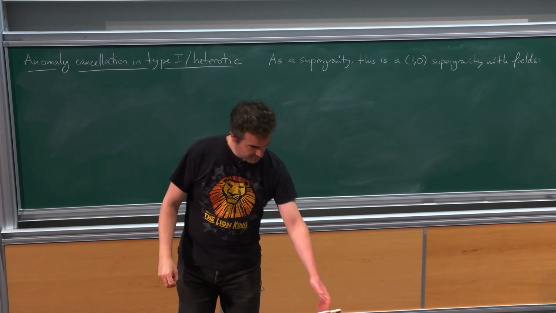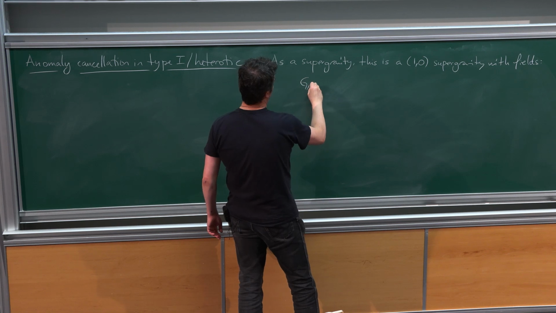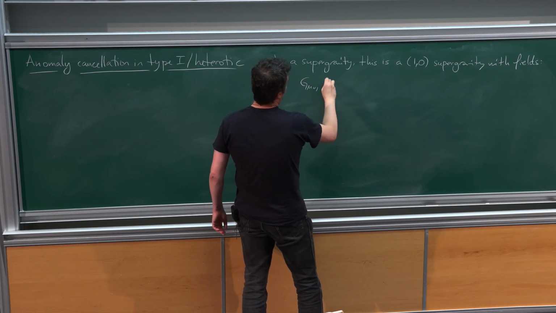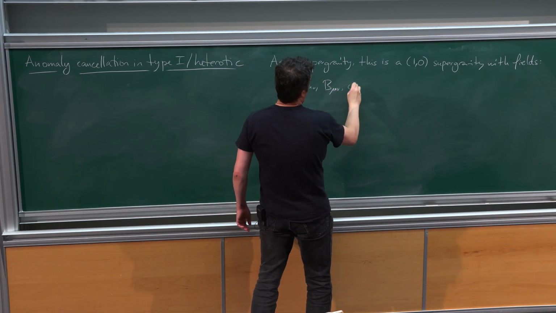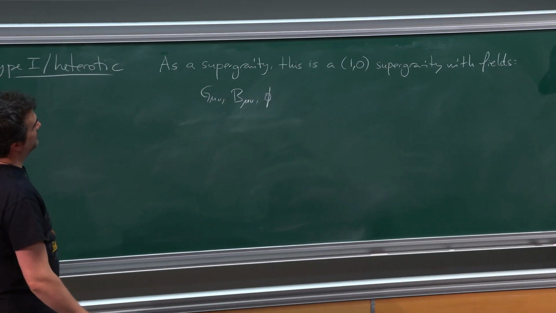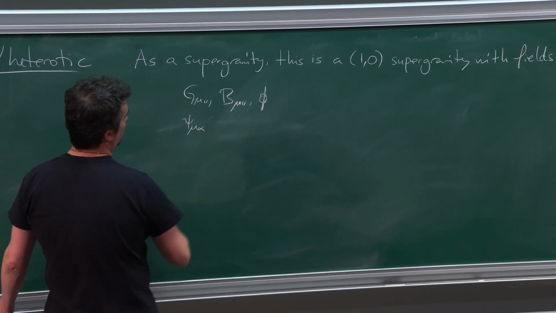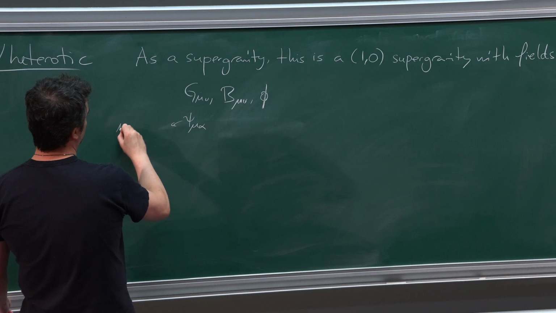And the fields, okay, so you still have the metric, you still have the two-form, and you still have the dilaton. These don't change, but they don't enter the anomaly, so it doesn't matter. You're going to have a gravitino, but in this case, this is going to be Majorana-Weyl.